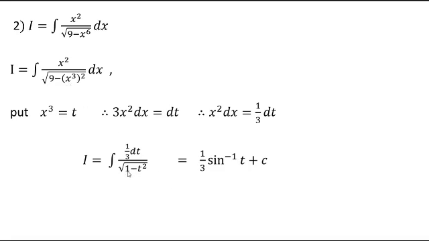Here by mistake I have written it as 1 minus t square, so it should be 9 minus t square, and then it is of the type 1 upon root of a square minus x square. Its integral is sine inverse x upon a. So here sine inverse t upon 3. So this was a mistake in my typing. I have corrected it. समजतं हे?